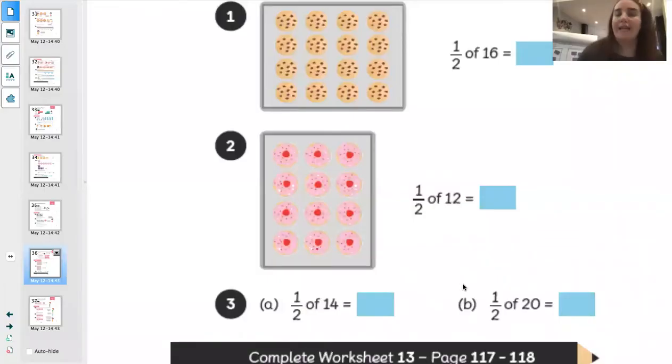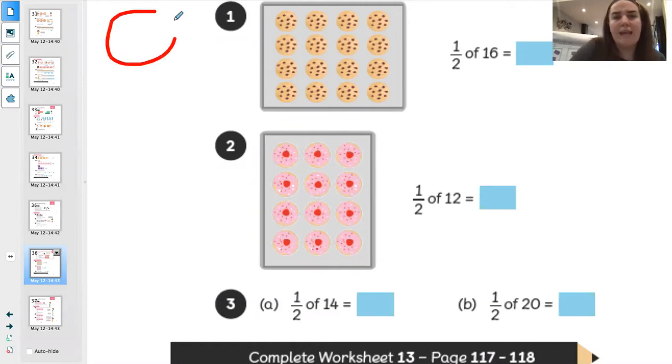So what we're going to do now is use that knowledge of finding half and how I moved the sweets around, and we're going to do it a little bit differently because it'll be how you're doing it in your book. So the cookies, we've got to find half of 16. Now my favorite method is pretending I've got 2 plates.